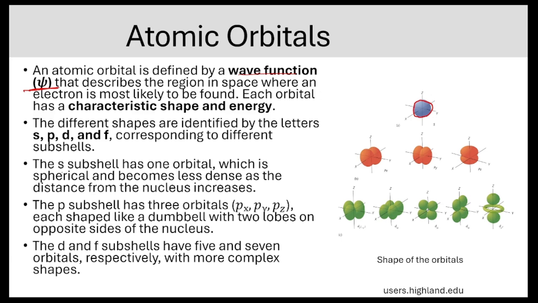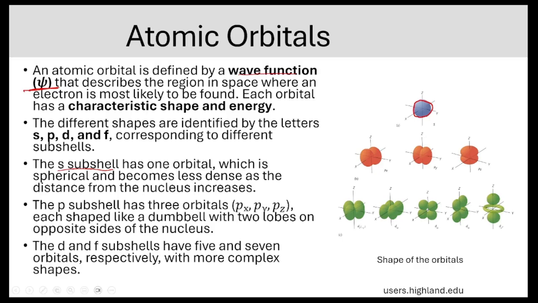First, we have the S subshell. The S subshell is a spherical body, a spherical orbital. And then we have the P subshell. Within the P subshell there can be three orbitals.